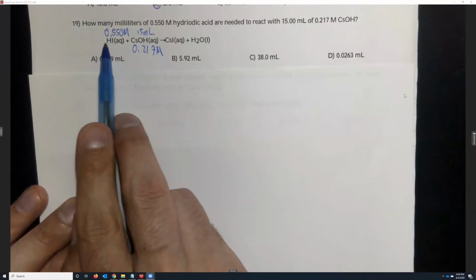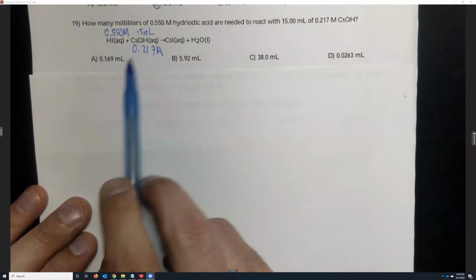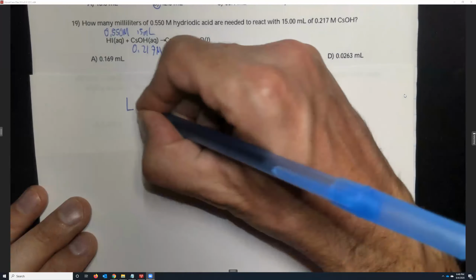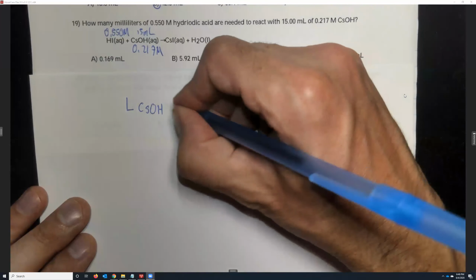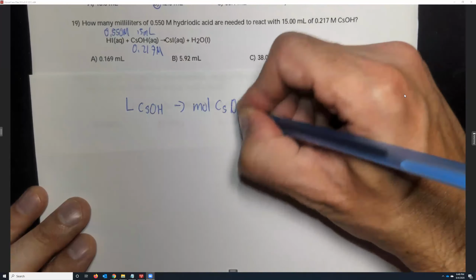All right, so half the battle here is figuring out what you're given and what you're trying to find. We know the molar relationship between these. We know that 1 mole of this reacts with 1 mole of this, but we're not given moles of this or moles of this. So we need to find them ourselves. In order to do that, our plan of attack is to go from liters of cesium hydroxide to moles of cesium hydroxide.